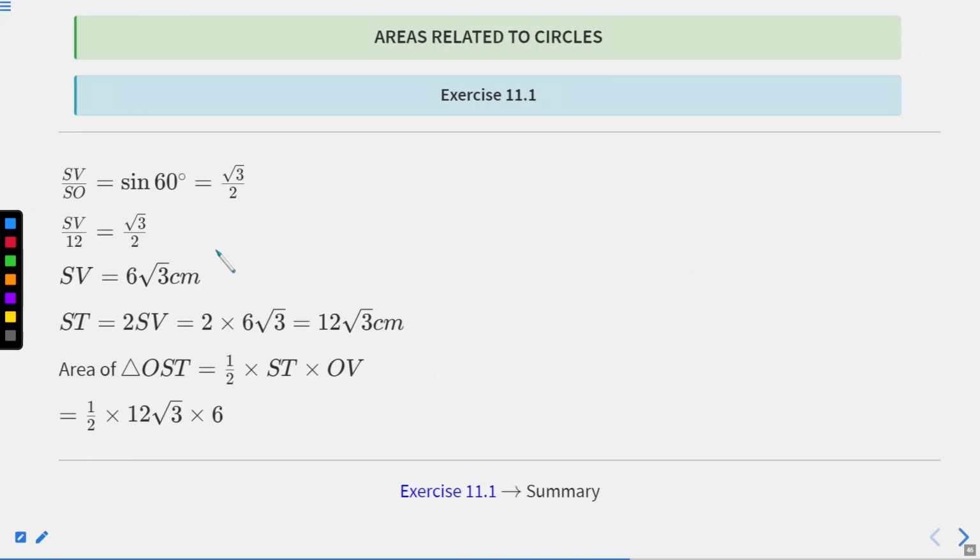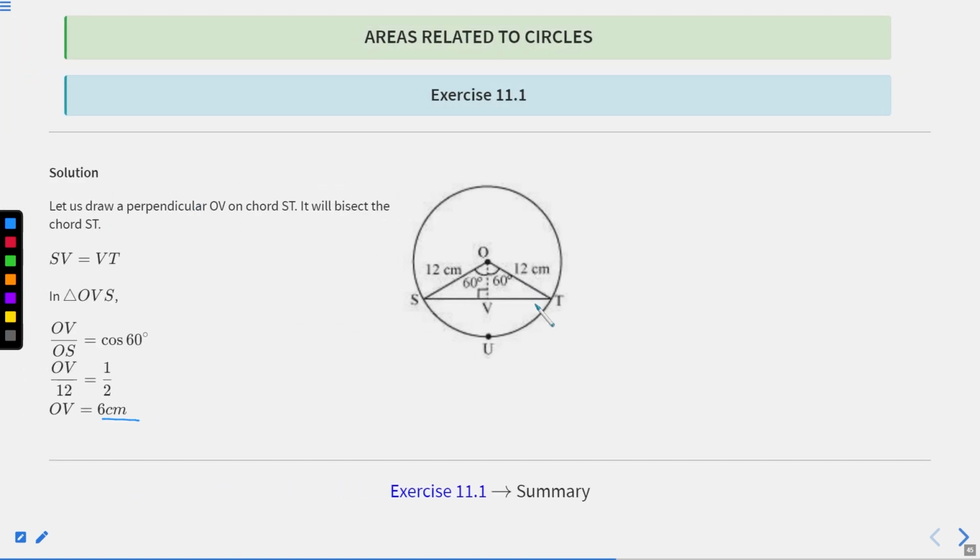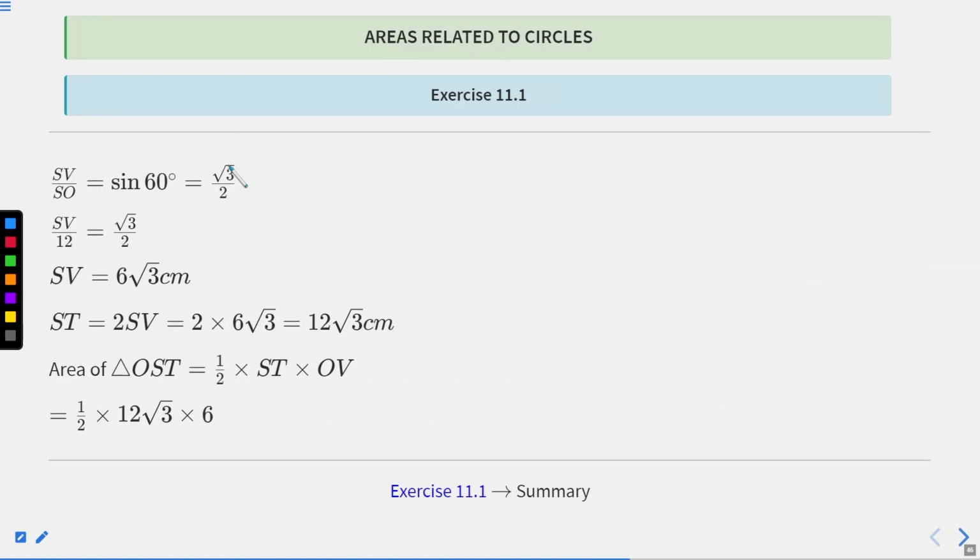Now SB by SO is equal to sine 60 degrees, which is root 3 by 2, so SB is equal to 6 times root 3 centimeter.